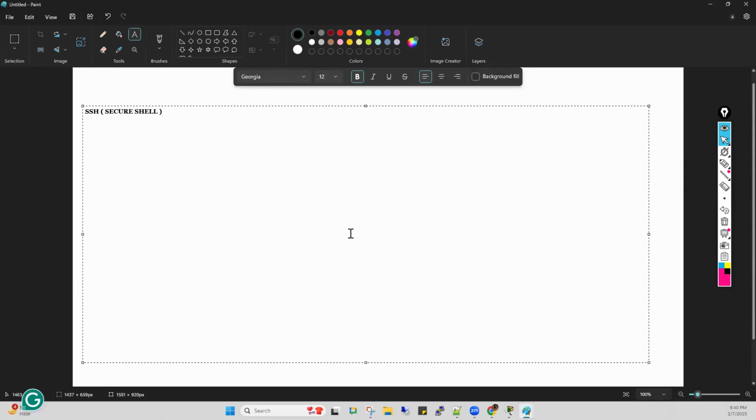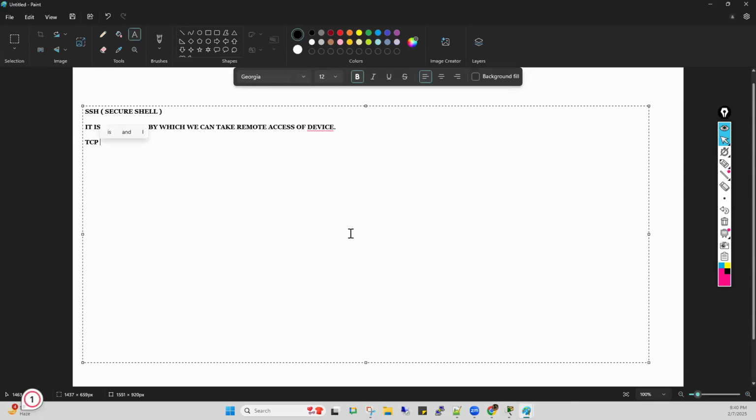What is SSH, guys? Same, it is a protocol by which we can take remote access of a device. You can take remote access of a router, switch, server, anything.